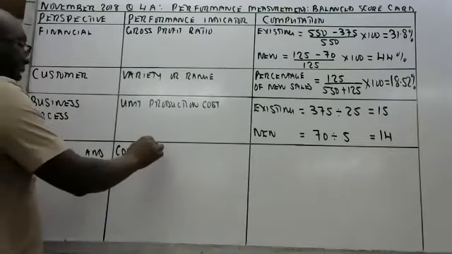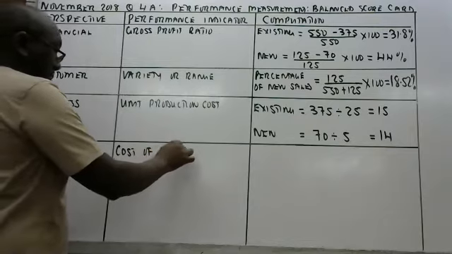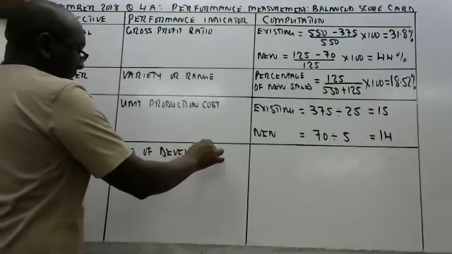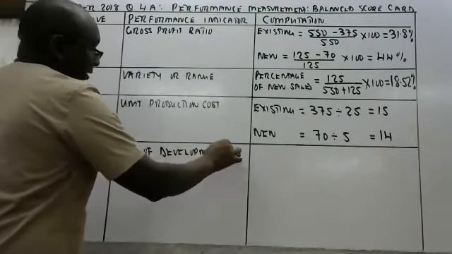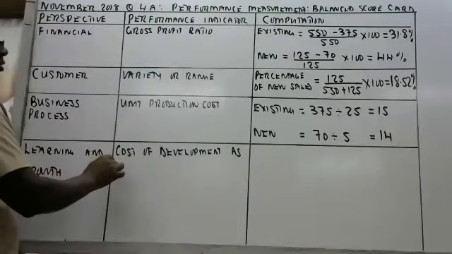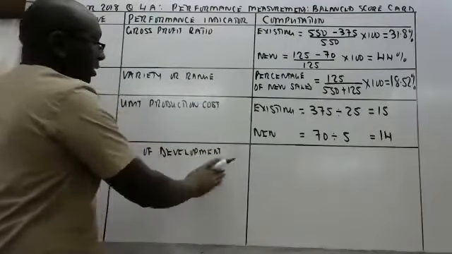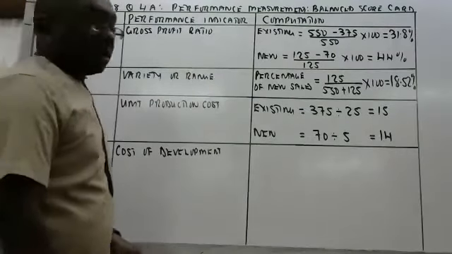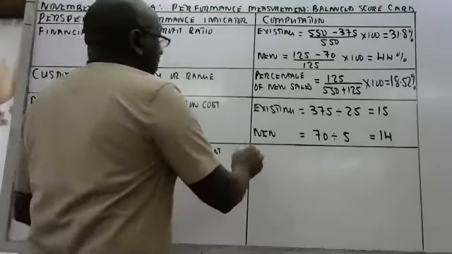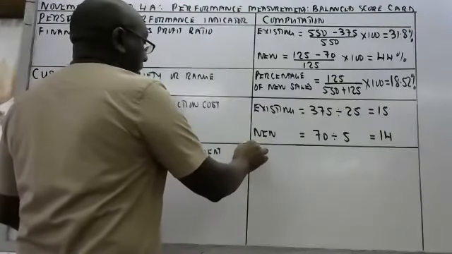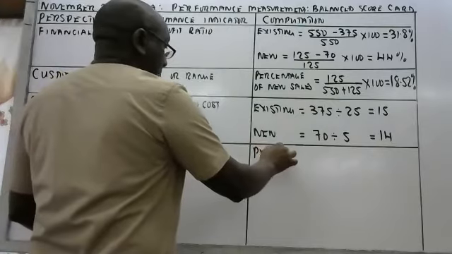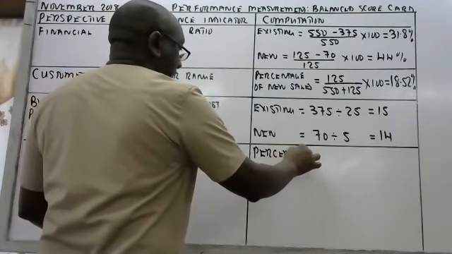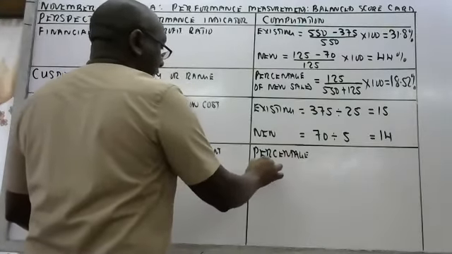The cost of development. The cost of development is a percentage of sales. So we will get it as percentage of sales.